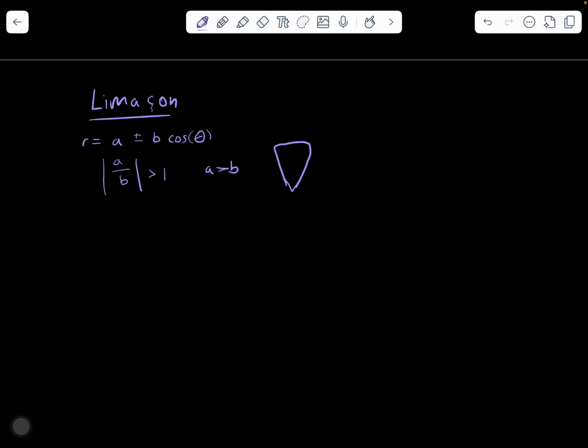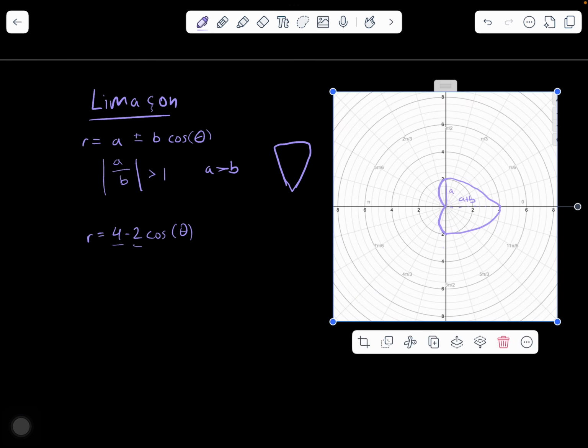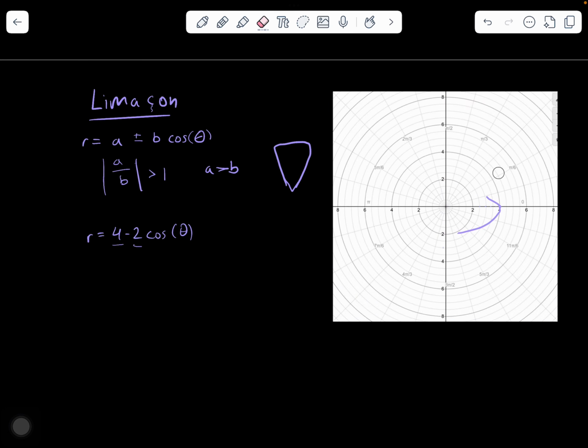So we'll have an example. Let's say we want to do r equals 4 minus 2 cosine theta. So our A value is greater than our B value. And our measurements are going to be kind of the same as before.